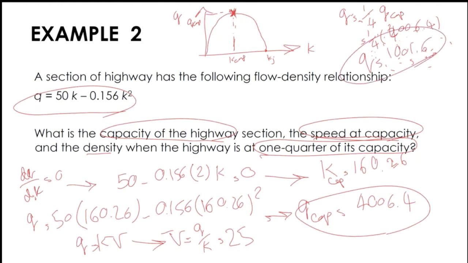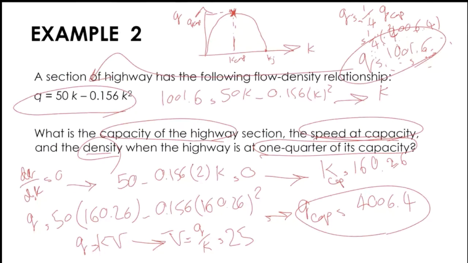So that's the flow at 1/4 of its capacity. We want to know what the density is. So we just need to put this Q into the Greenshields equation. So it would be 1001.6 is equal to 50K minus 156K power 2.